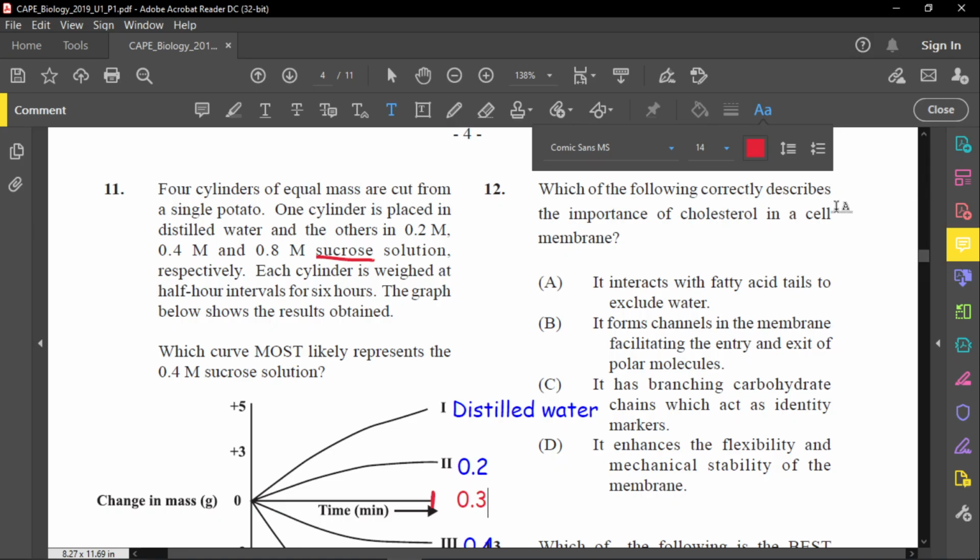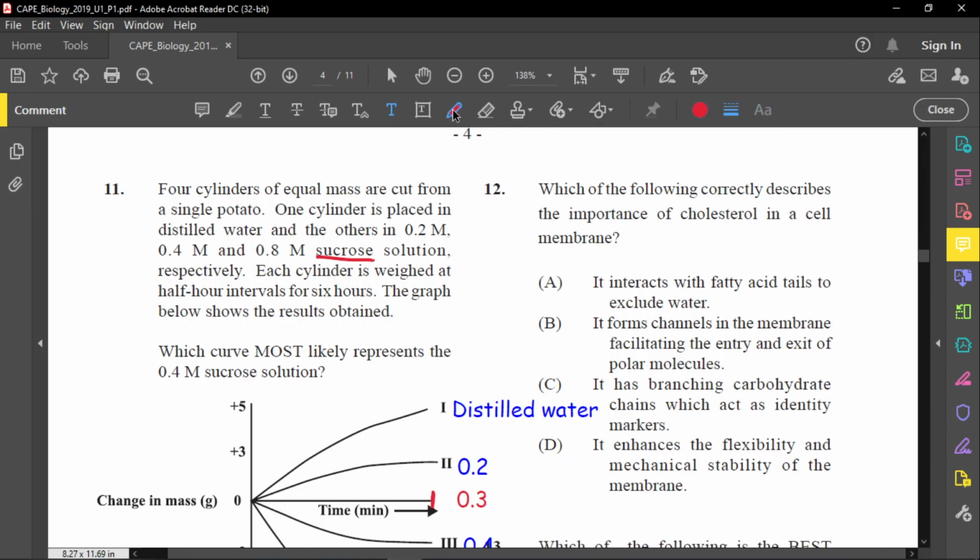So any answer that talks about thickness, or allows the cell membrane to be thick, and also helps to maintain stability, or helps to maintain the cell itself. That's the purpose of cholesterol in the cell.